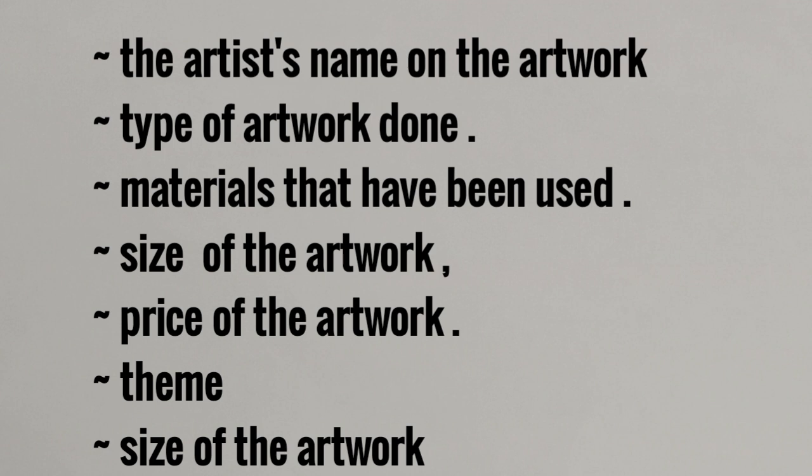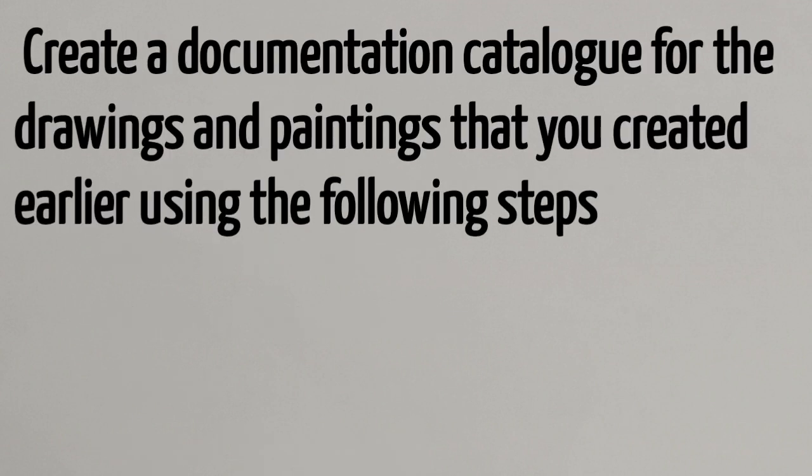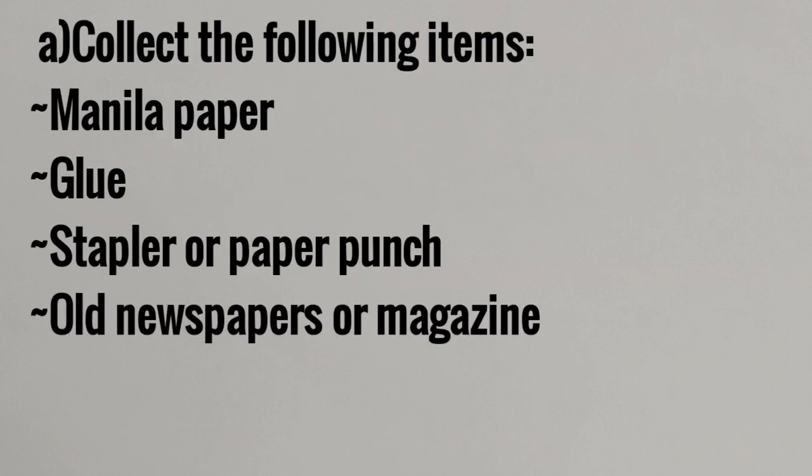So let's check now on some of the procedures you need to follow when creating a catalog. For example, I have here a question that will guide us on how to create a catalog. The question is telling us to create a documentation catalog for the drawings and paintings that you created earlier using the following steps. So the first step, you have to collect the following items, the items that you will need in creating the catalog.